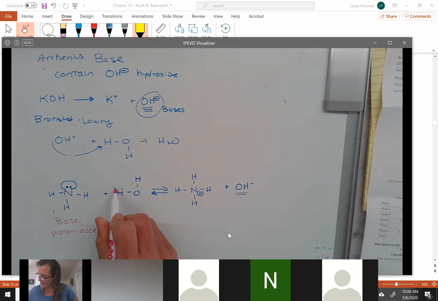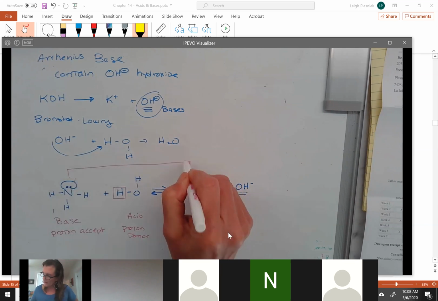Water functioned as a donor, right? Because it lost one of its H pluses. So water in this case was an acid. And they come in pairs on both sides.